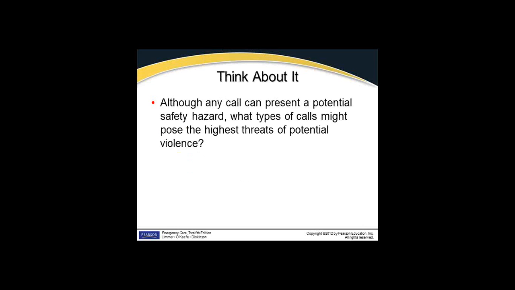Although any call can present a potential safety hazard, what types of calls might pose the highest threats for potential violence? The number one dangerous scene for us is a domestic or other type of assault. So assault scenes are usually the most dangerous for us in reality.